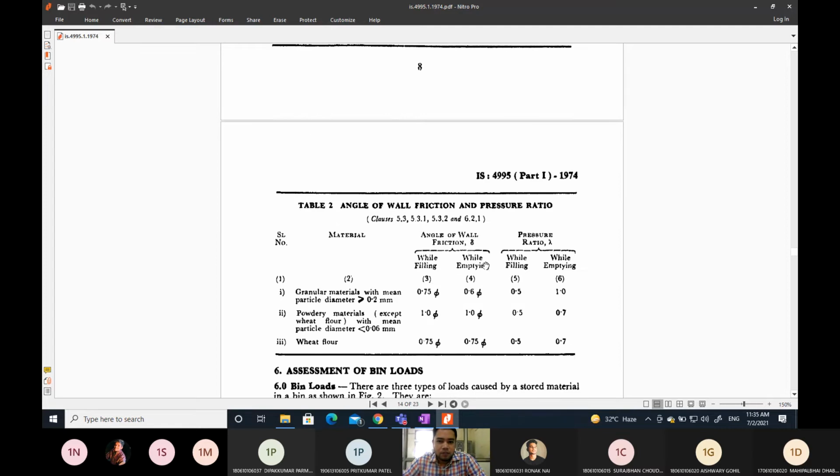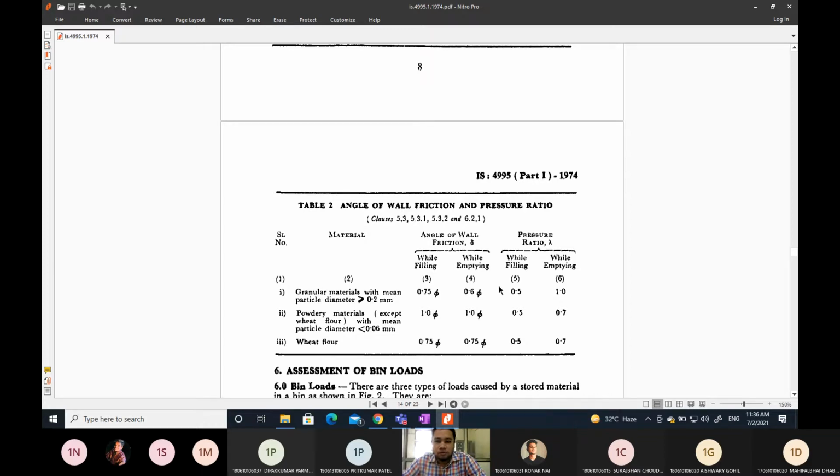Then, depending on the particle mean diameter, you can have the angle of wall friction during filling and during emptying. So two cases are there, when filling of silo and when emptying of silo.